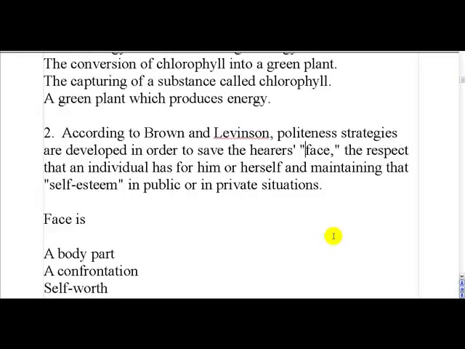Now it said face, comma, and immediately after that you see the words the respect, and also it says maintaining that self-esteem. Now it says that, which means this refers back to something that's previously mentioned, so self-esteem goes back to respect. So here are your choices.